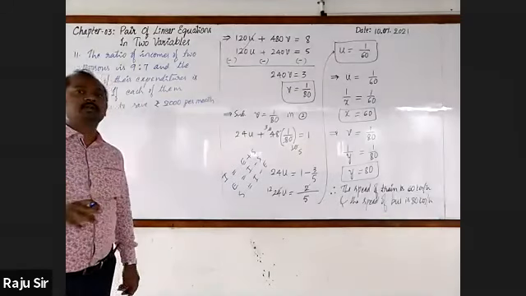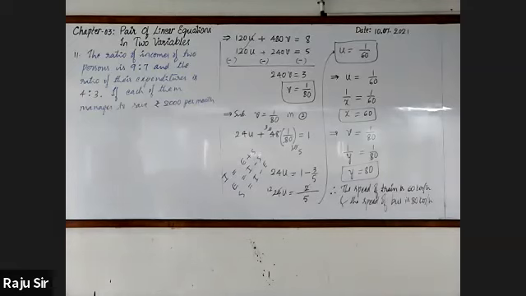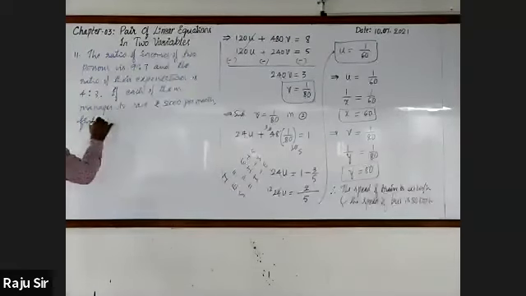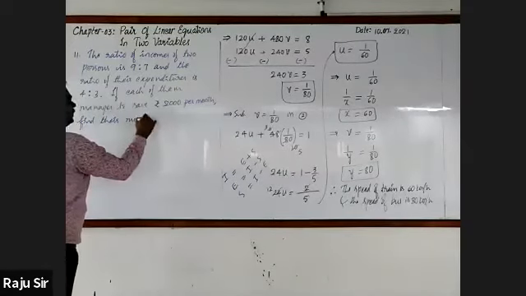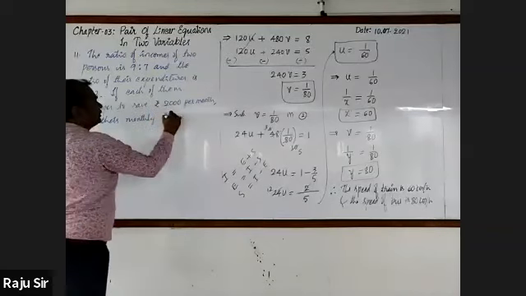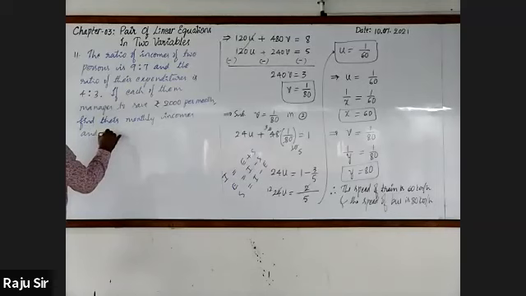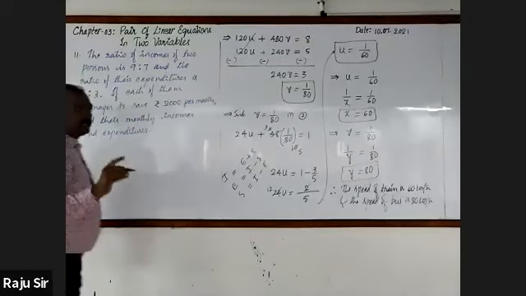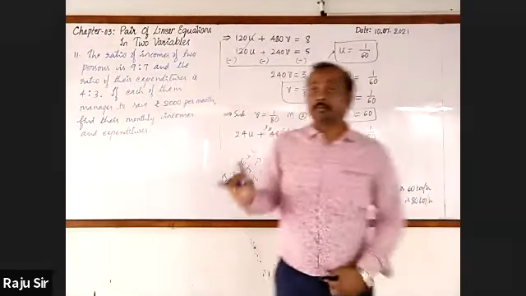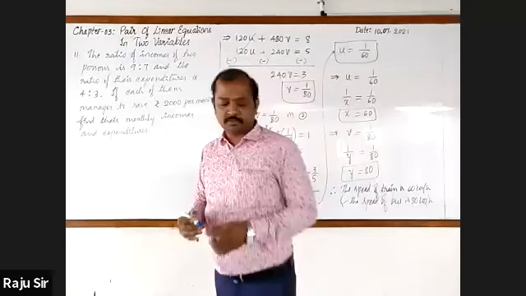Let's go for finding monthly incomes as well as expenditures. Find their monthly incomes and expenditures. In the textbook, it has been given only incomes, but in the examination, they've asked both incomes and expenditures.